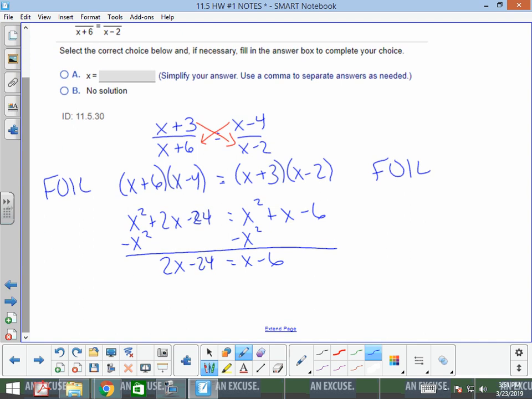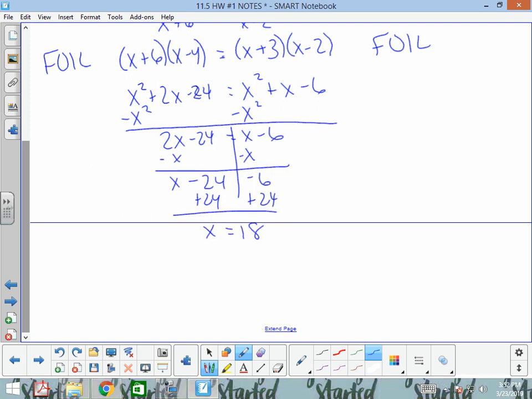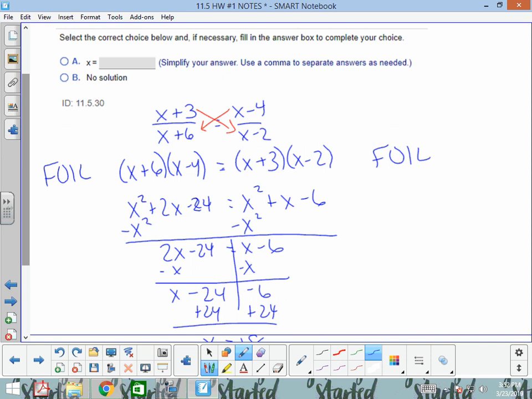So all I'm going to do is move my smaller variable term, which is now x, and then add 24. So x equals 18. Does 18 make either one of these denominators into a 0? No, it does not. So my answer is 18.